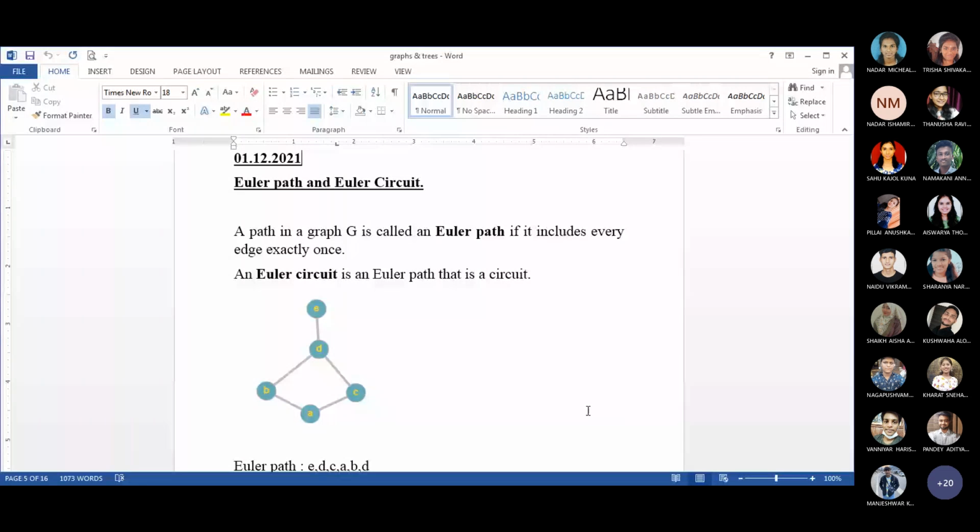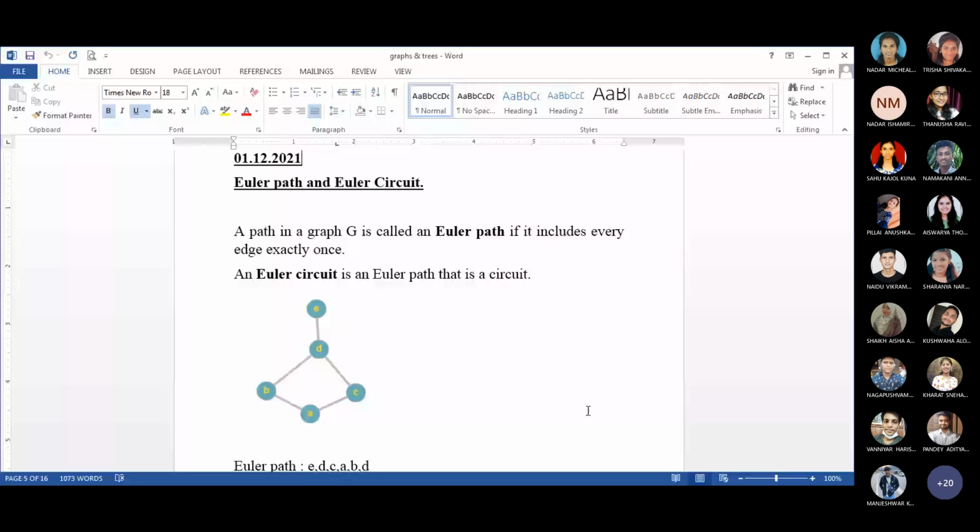So Euler path means it's a path in which every edge is considered exactly once. मतलब कोई भी एज को तुम छोड़ नहीं सकता है और कोई भी एज को रिपीट नहीं कर सकता है.